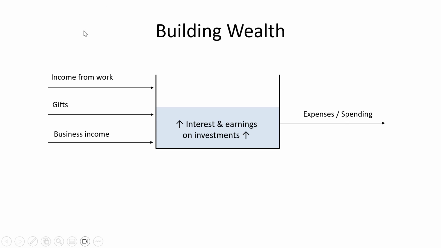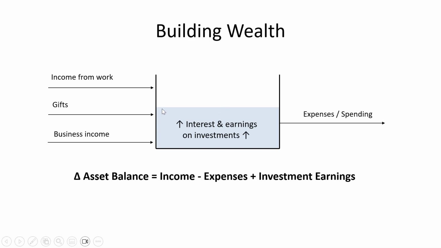And if you're thinking back to the project, we did this same kind of thing. You had in the project an assumed income for that first parts 1 through 4, and then there were expenses that you were assigned, and I gave you rates of return that you should apply on a year-by-year basis. And so what you were looking at is how that wealth accumulated over time, and without maybe knowing it, the formula that you applied was this change in asset balances each year.